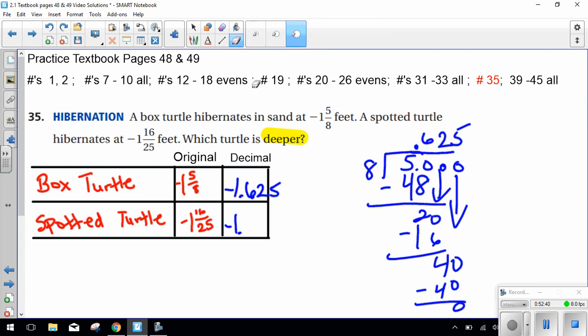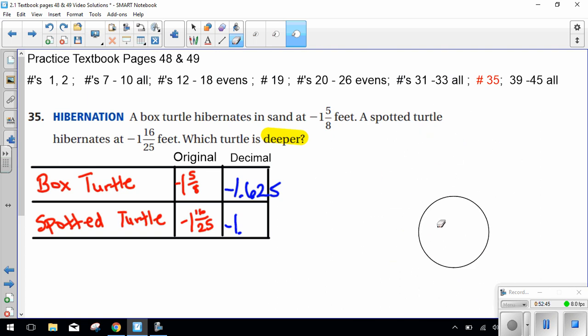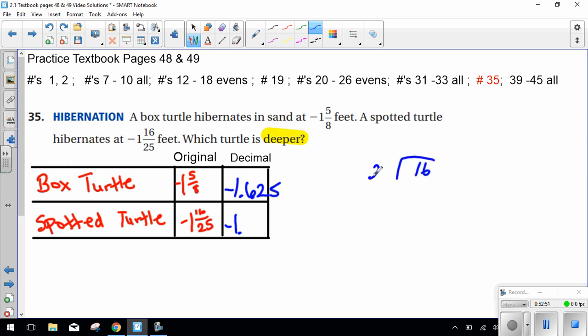I'm going to erase the box turtle work. Okay, now I'm going to do the spotted turtle. I'm going to take 16 and divide it by 25. When you think 25, think quarters, like 25 cents. So how many 25s in 16?